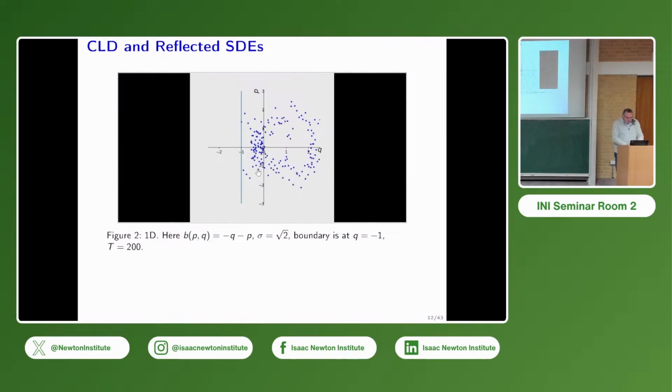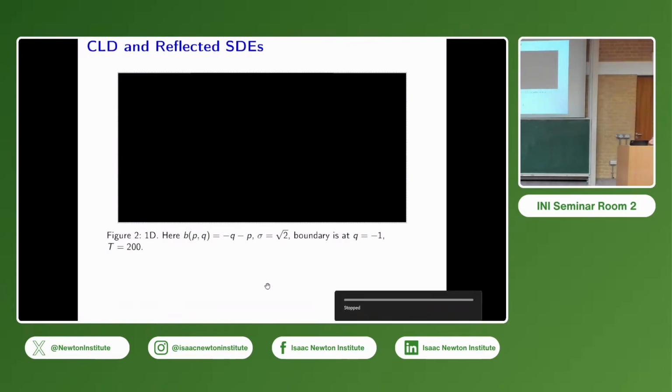And you see when we collide, the velocity just changes sign from minus to plus. Because it's one-dimensional, there is no tangential part, it's just changing the sign. So this shows, as you could also observe from the system itself, that on the boundary our velocity jumps. It's not a continuous process on the boundary.